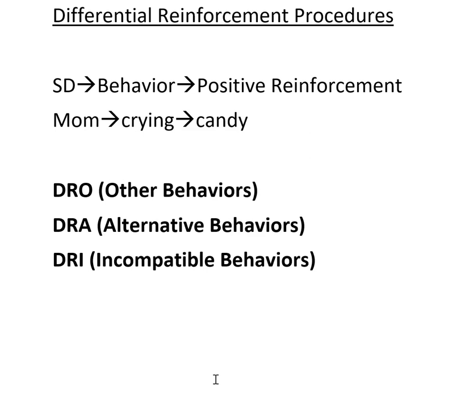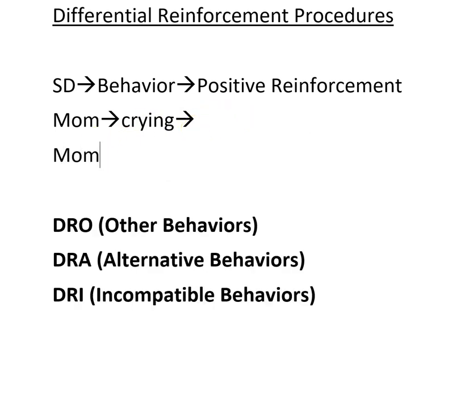So here we have mom, crying, candy. How are we going to break the contingency? We're going to take away the candy, and we will say mom, requesting, and then we'll put candy.